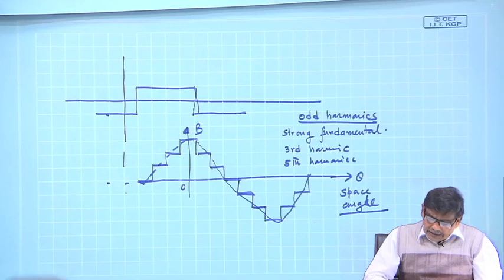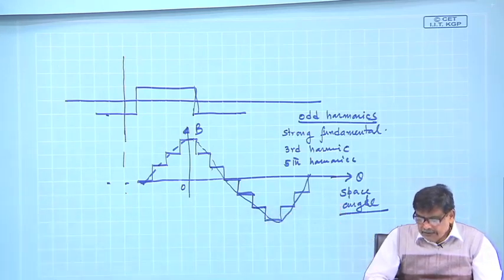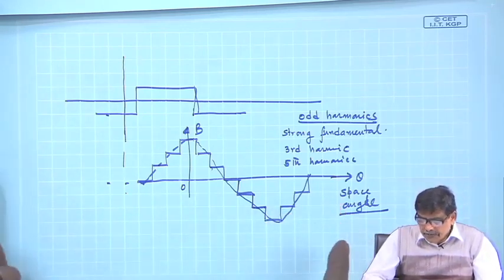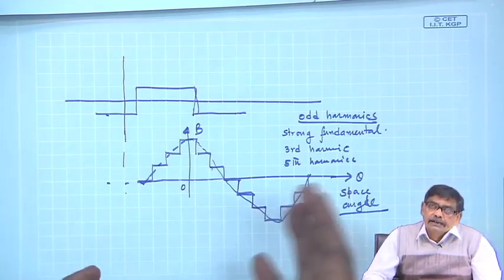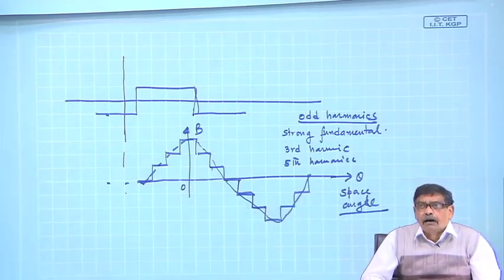And there are methods by selecting span of the coil, etc., you can reduce even a desired harmonic.